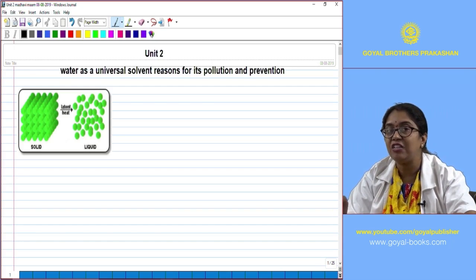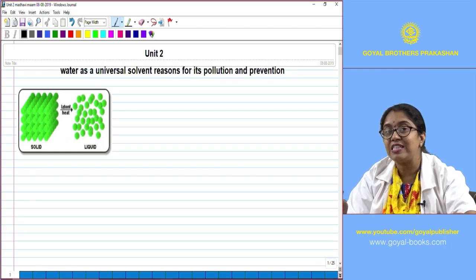The heat energy which we are supplying initially increases the kinetic energy of the particles. But at the melting point, the temperature remains constant. At this temperature, the heat energy which you are supplying is used to overcome the intermolecular forces of attraction.